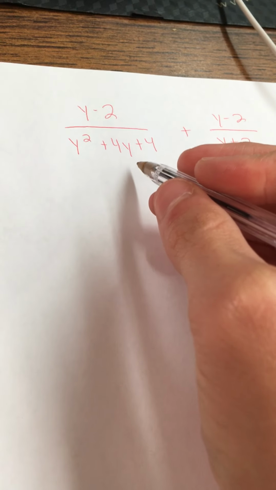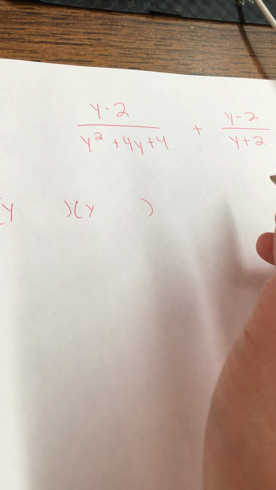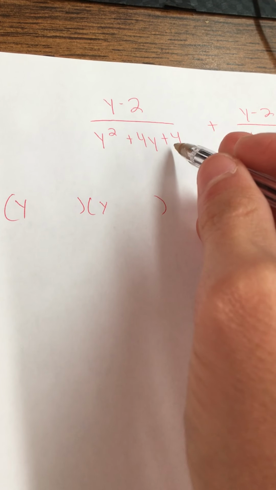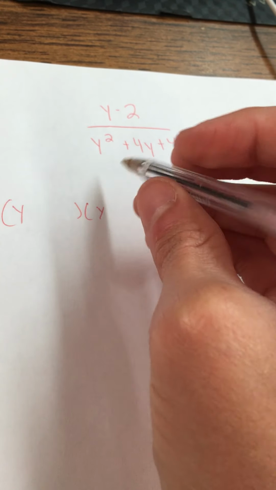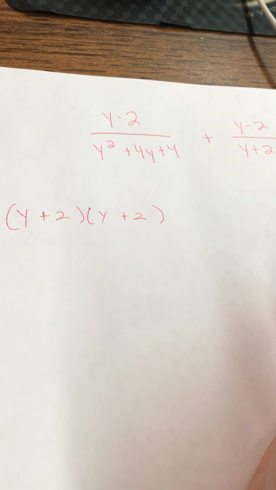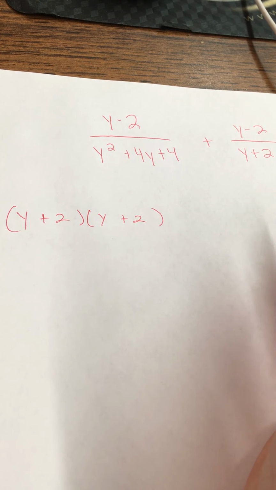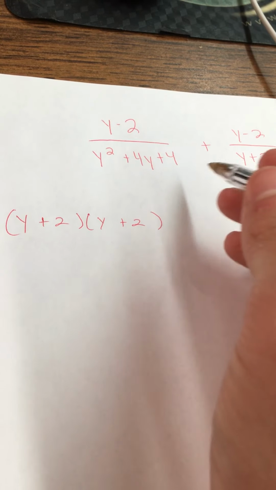So to factor this one out, y squared plus 4y plus 4, we got y, okay? Two numbers that multiply into 4 but also add together and get 4. I'm thinking 2 and 2, correct? Okay? That's as far as we can go.